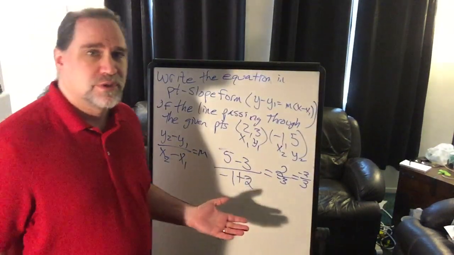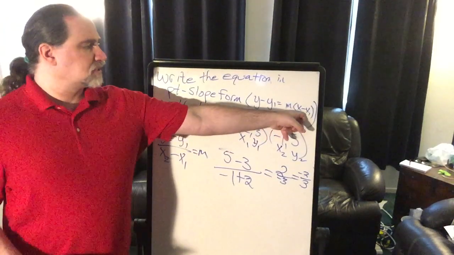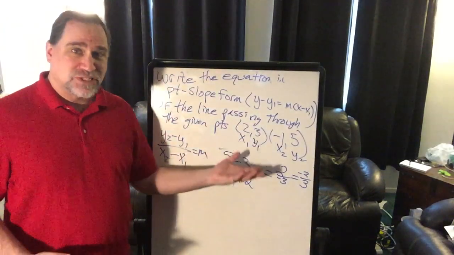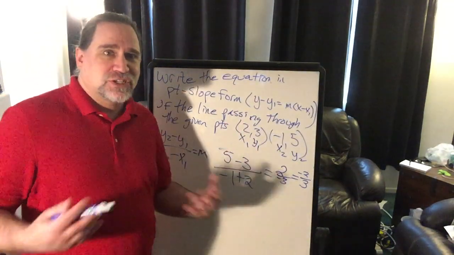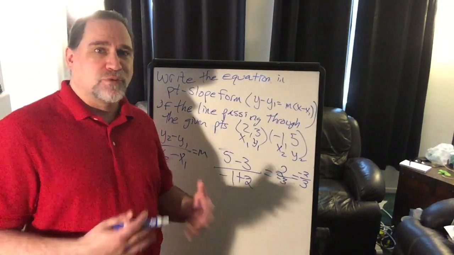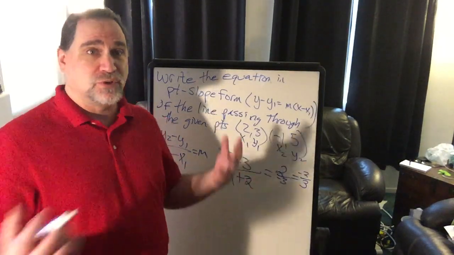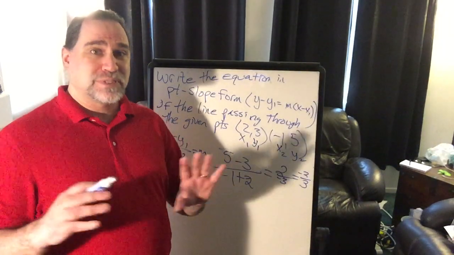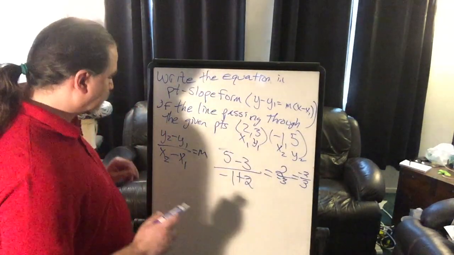Which one do I use? Well, the formula has an x1 and a y1, so I would sort of lean towards that as my default. But you know what? It actually doesn't matter. Both are going to let me write an equation, and I'm going to use both, one at a time. I'm going to get 2 completely separate equations. Okay, and this is where it sometimes gets a little confusing.